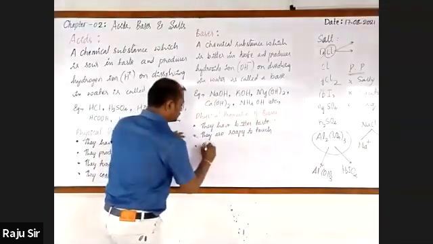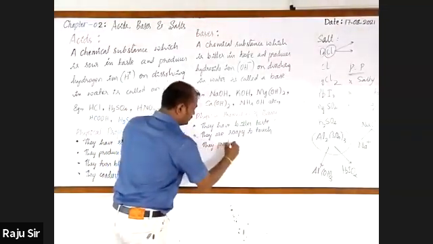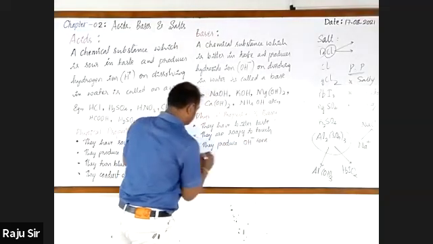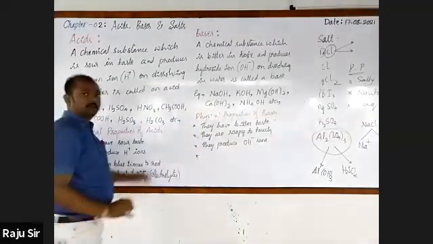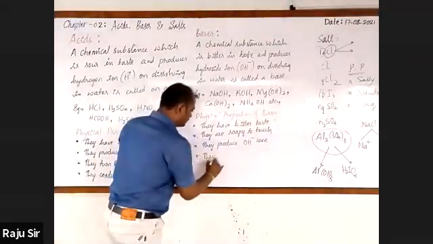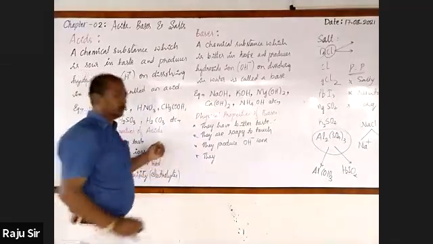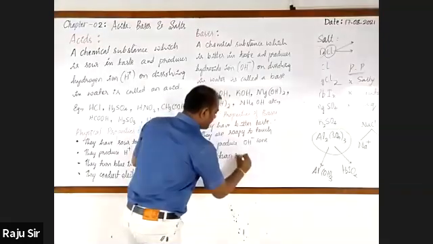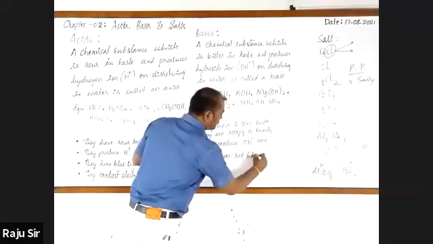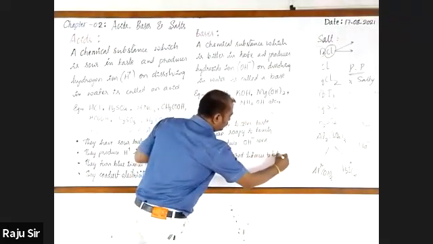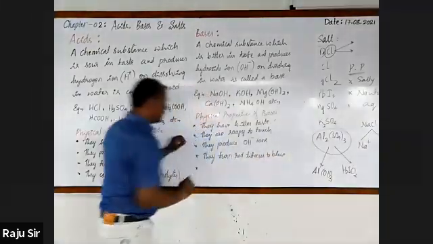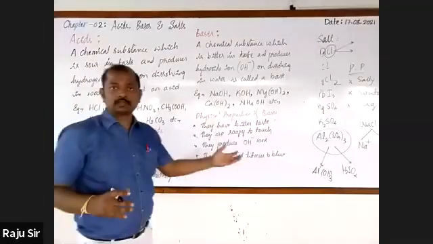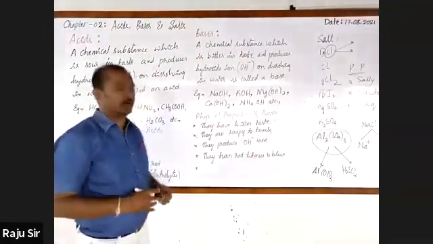They produce OH minus ions. They turn red litmus to blue. They conduct electricity as they produce ions on dissolving in water.